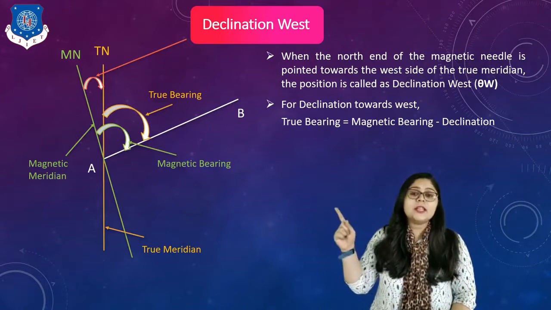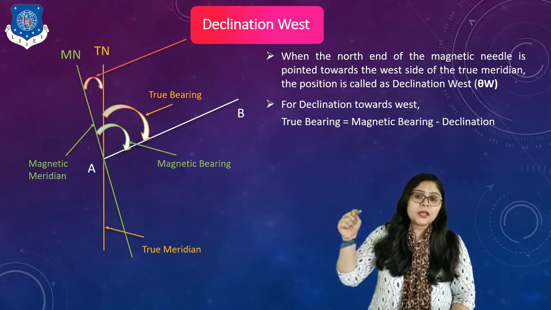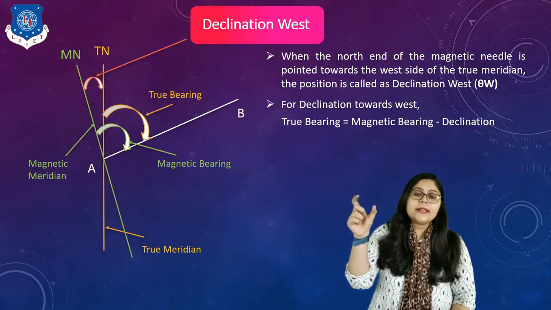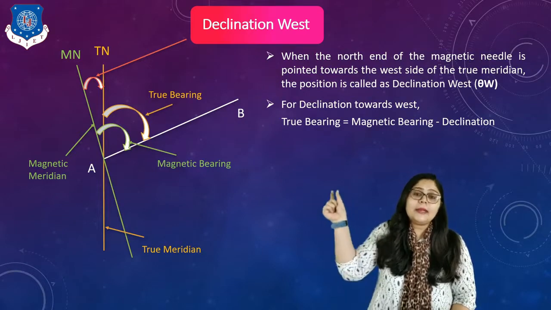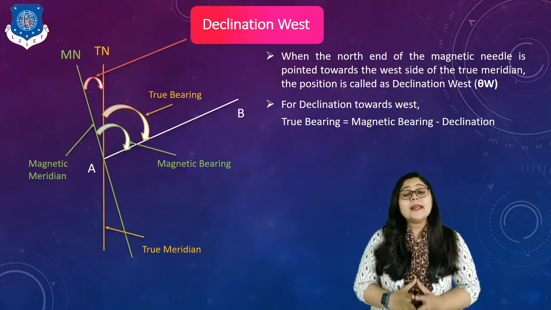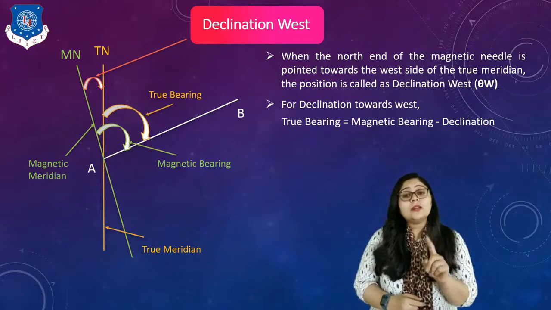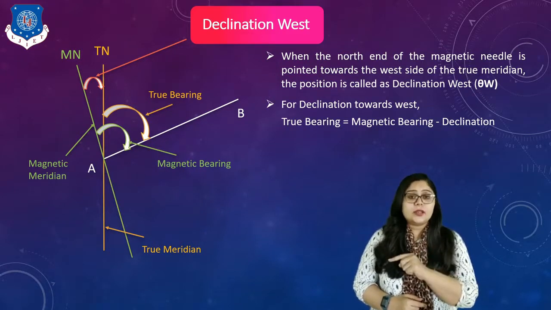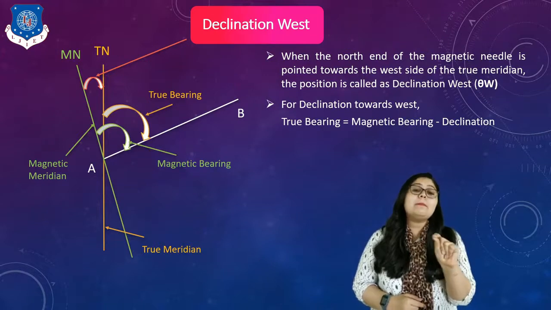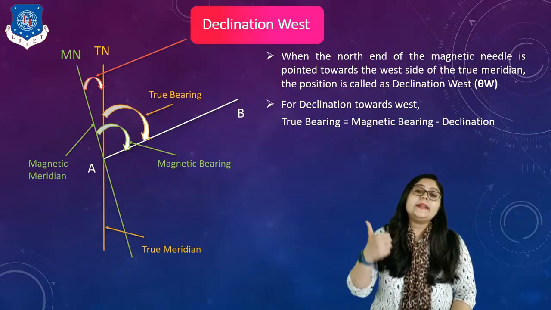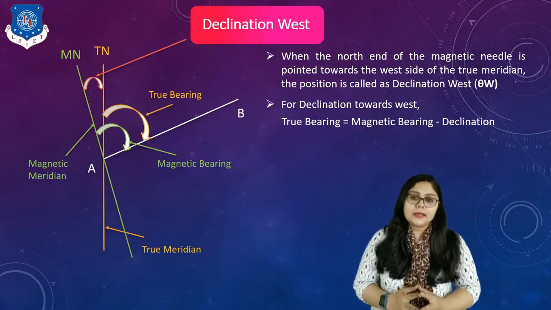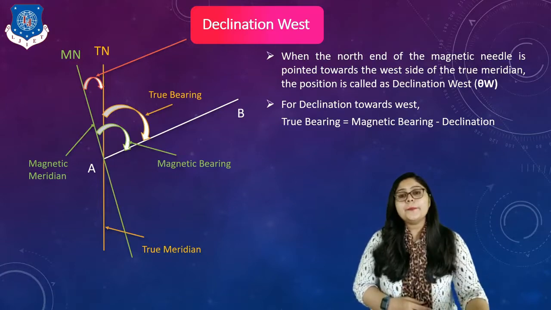As you can see in this figure, the magnetic bearing is the total angle and the true bearing is the inside angle. It means the true bearing is equal to magnetic bearing minus declination. So whenever the declination is west, I have to simply subtract the declination to find the true bearing of that line. That is the concept, right?